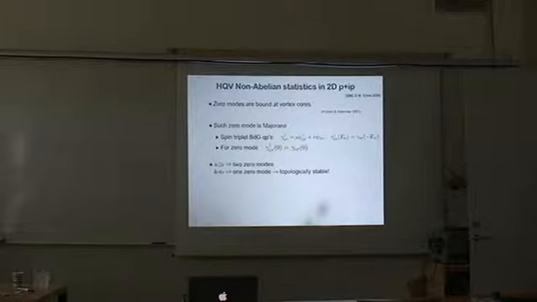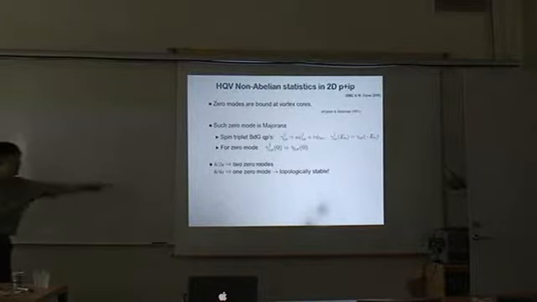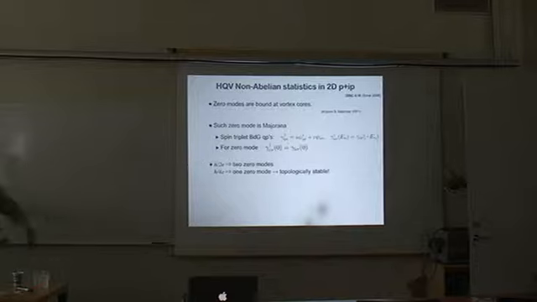Which means that by applying some local perturbation at the vortex core, like some Zeeman field, you can actually make the eigenenergy of this particular state non-zero. So the zero energy state can be destroyed by local perturbation in the case of the h over 2e vortex.